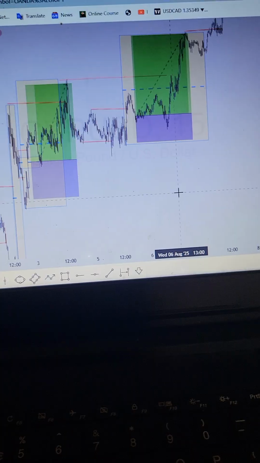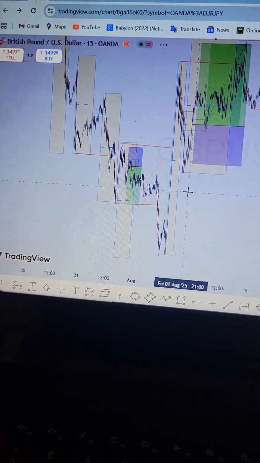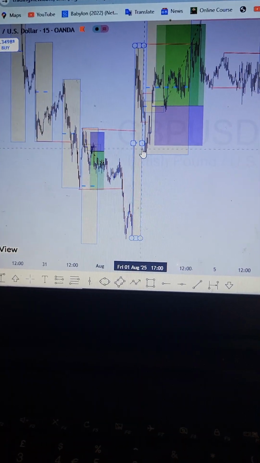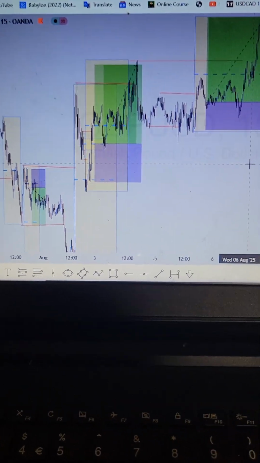So I waited after this break of structure. After this break of structure, I wait for price to pull back to my area of interest. After it pulled back, it shifted, I bought this price to the upside, same as this region here. So guys, that is what I'm trying to say about this strategy.